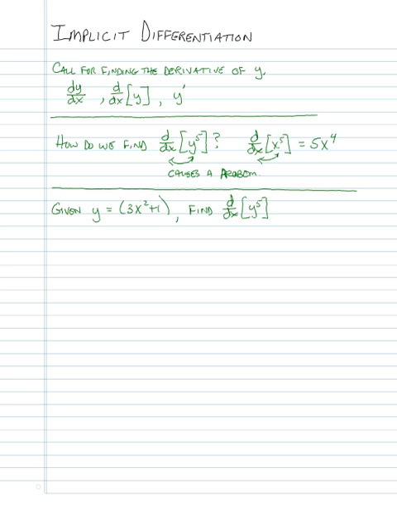Okay, well, how would we do that? Let's just do that then. The derivative of y to the fifth with respect to x. See, here's the situation. We know y is some function of x. It's just not written that way here. So our first step would be, of course, to replace that y with its 3x squared plus 1. And so that's to the fifth power.